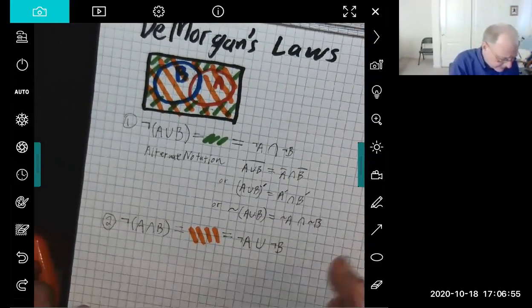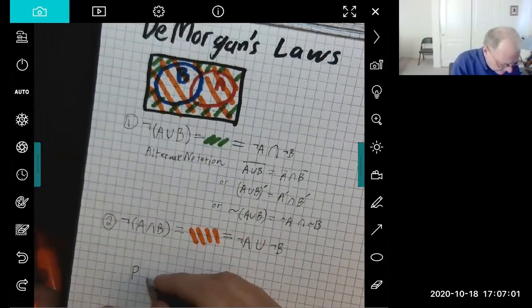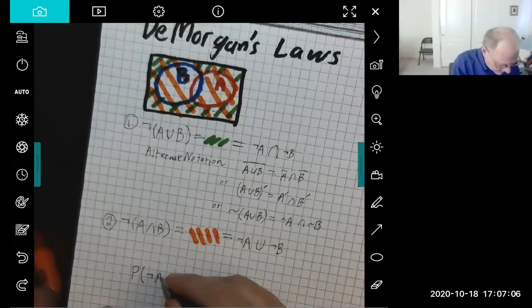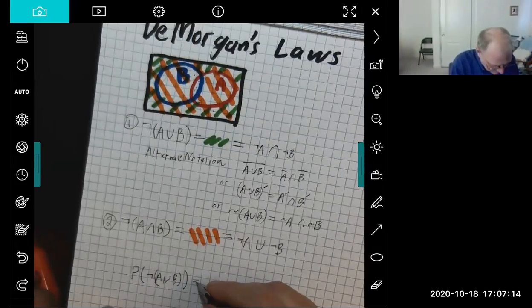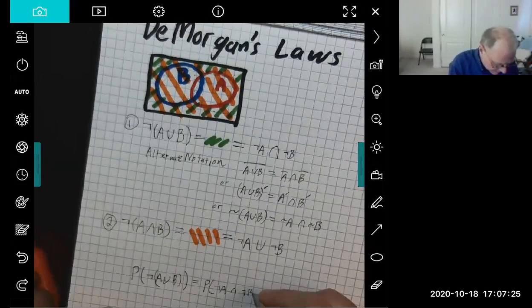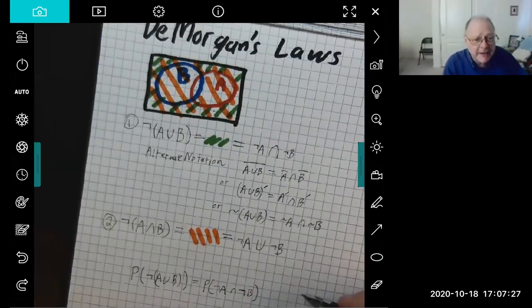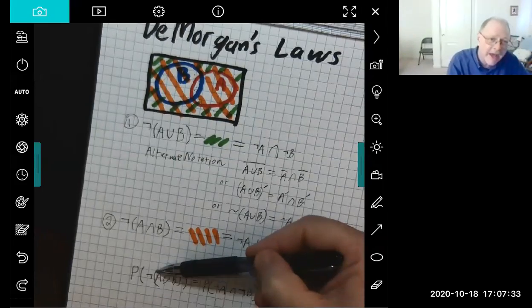So what does this have to do with probability? Well, if I want to know the probability of not A union B, I can replace the not A union B with not A intersect not B. Depending on the given information in the story, it might be easier to work out this one or that one.